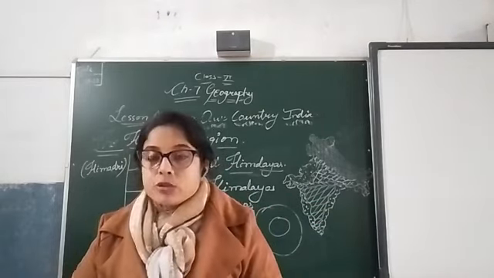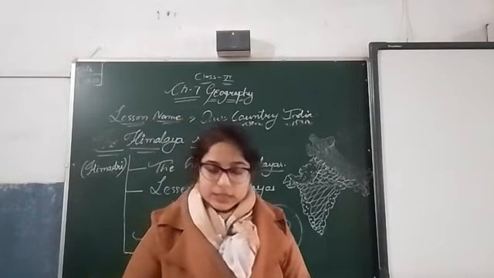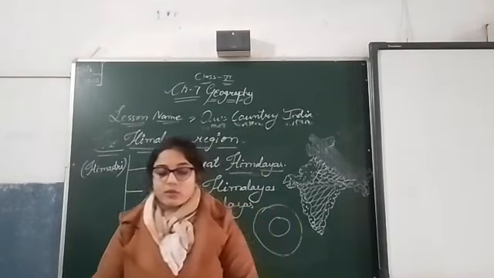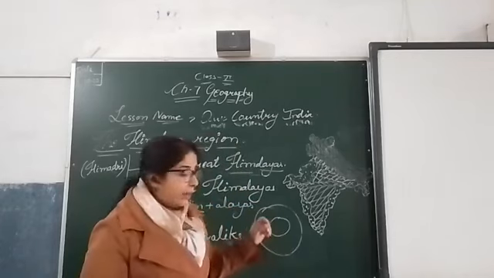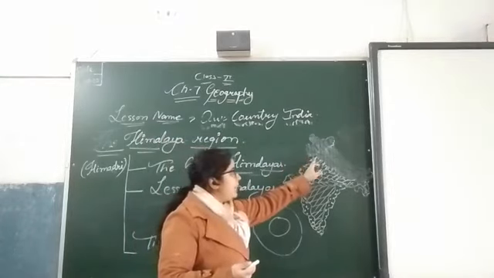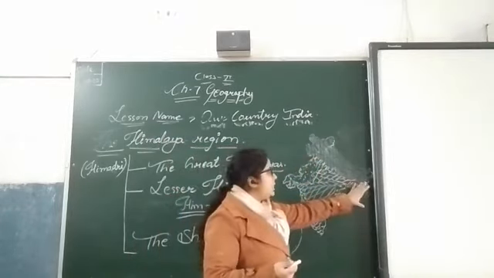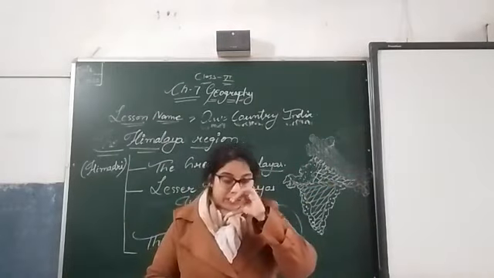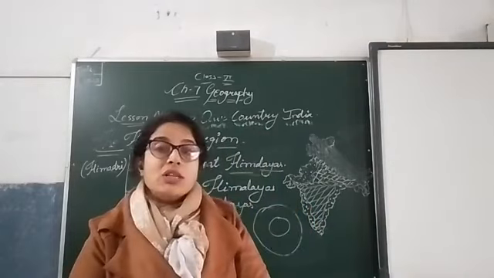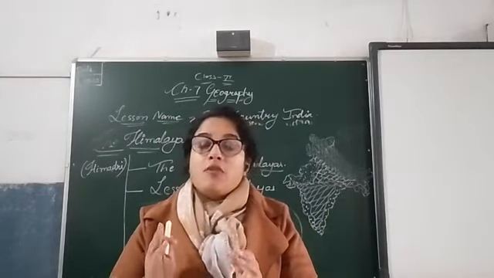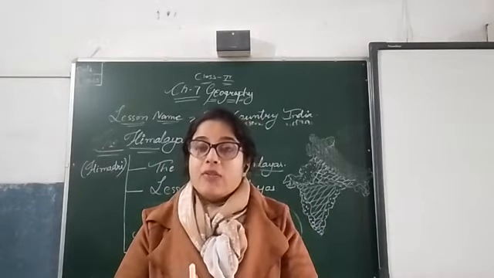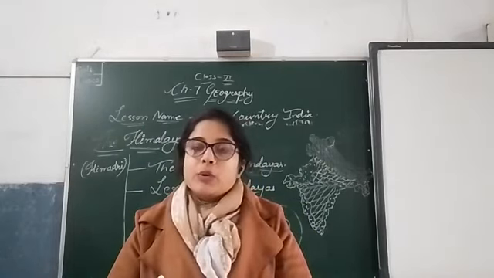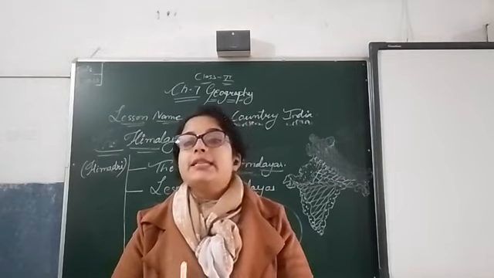Next, we are going to know about the northern plains. The region south of the Himalayan region, running from the east, is the northern plains. In this area, the plains are found where the maximum population is located. Why? Because this is a fertile area where agriculture is possible and water is easily available.